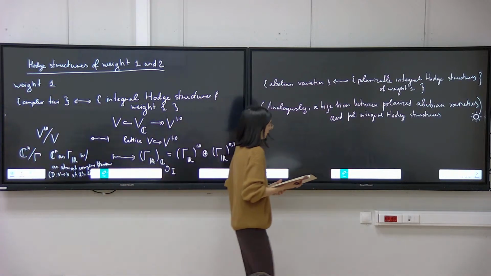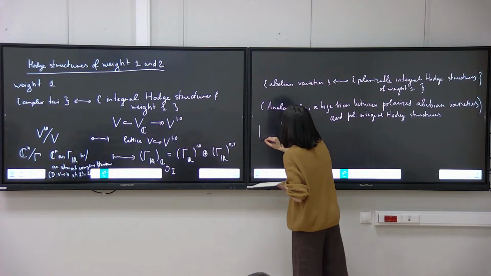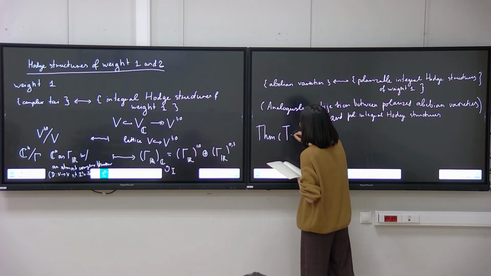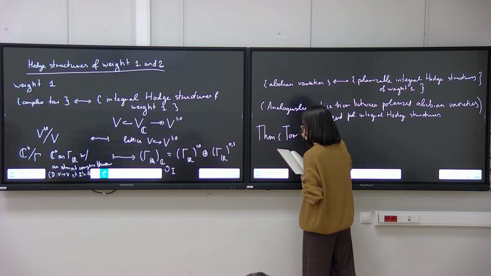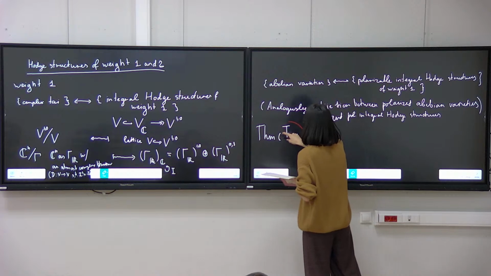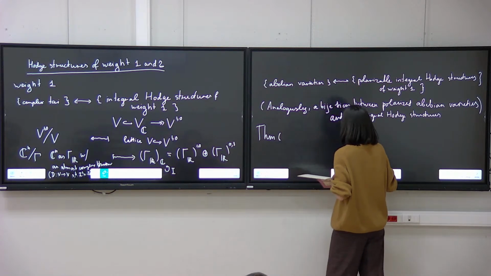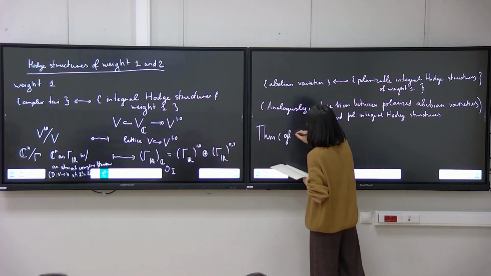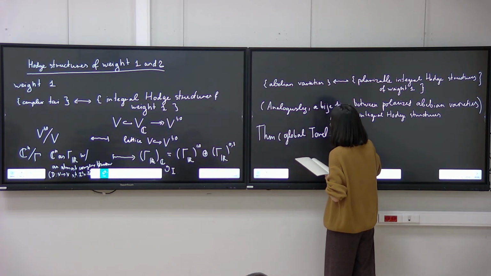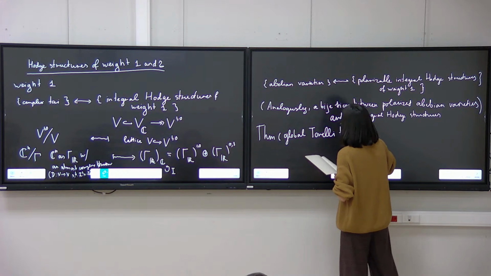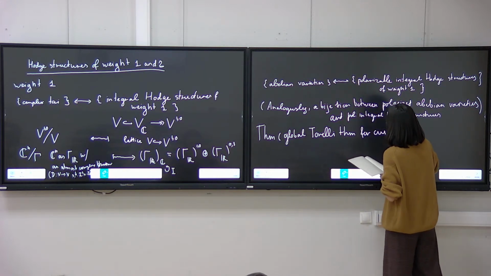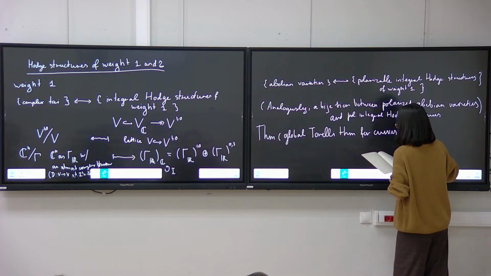And now let me formulate the first, global Torelli theorem for curves.